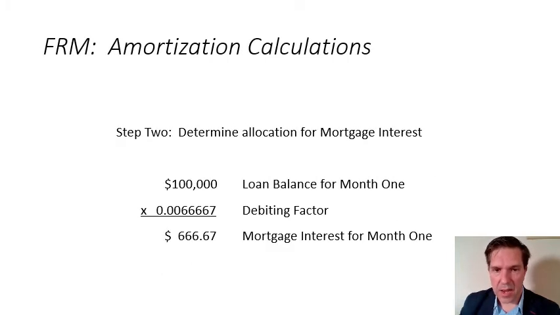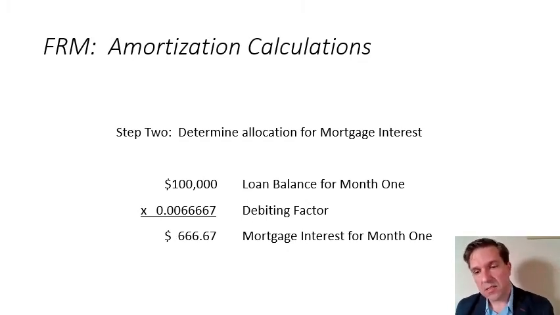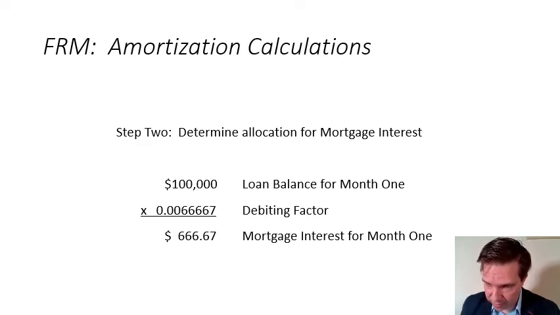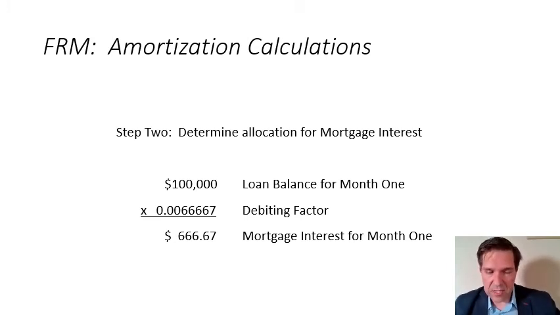Now, given that I know my debt-in factor, and I also know that I haven't made any payments yet, so I owe $100,000, which is what I started the loan with, all I need to do for the first month, but not for the rest, is multiply what I owe, which must be 100,000 since I haven't started paying anything, times my effective monthly rate, which is my debt-in factor.